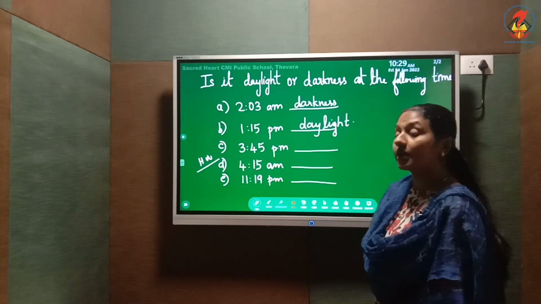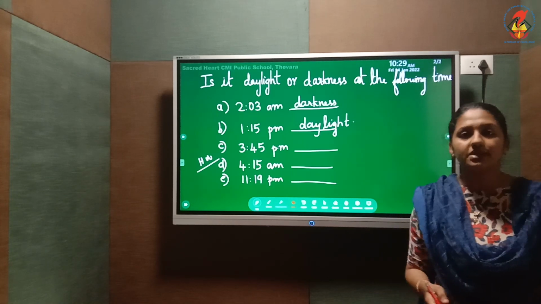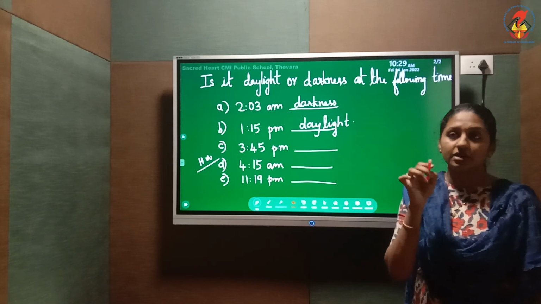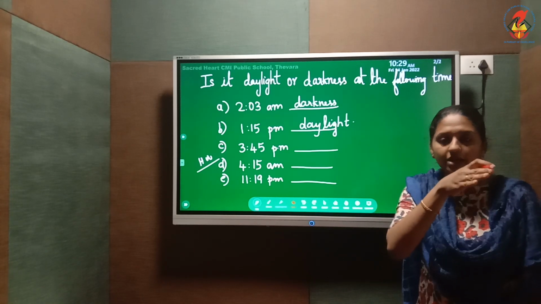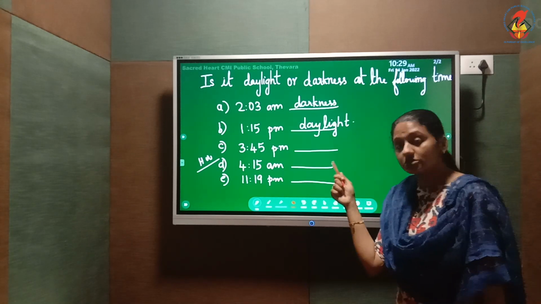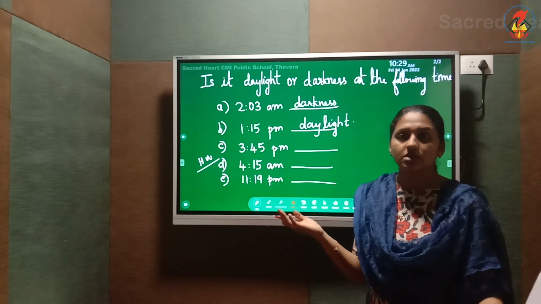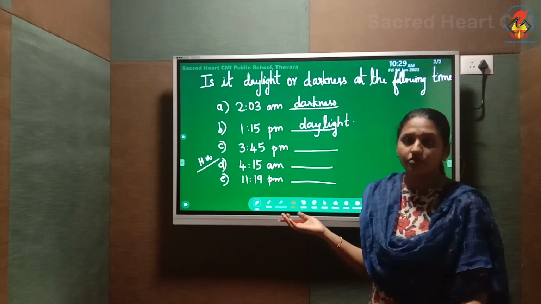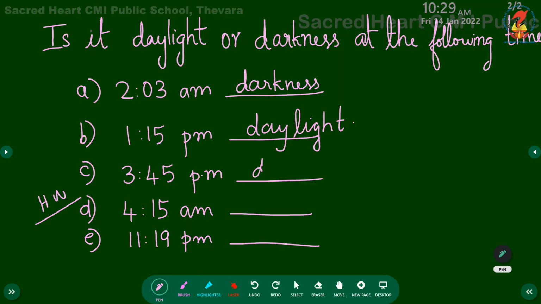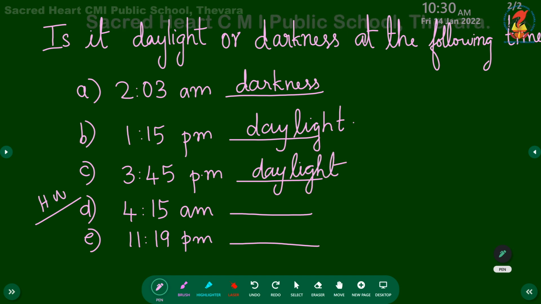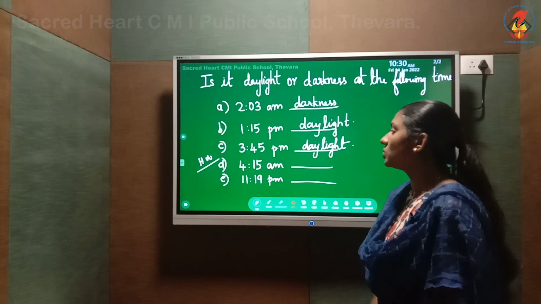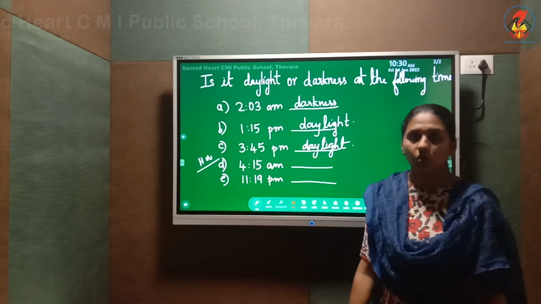Then 3:45 PM, again it's PM, before midnight. At 3:45 schools wind up, so that is also day time. Daylight. The other questions you can do as homework.